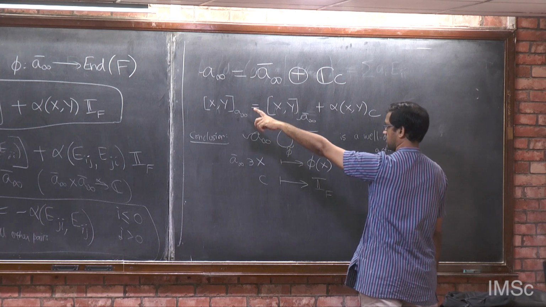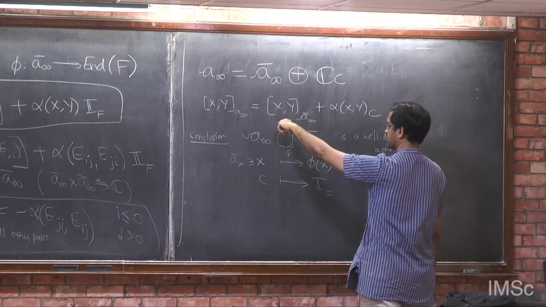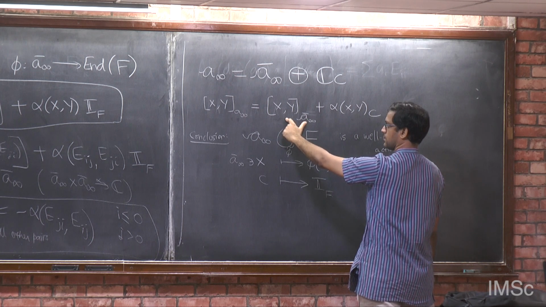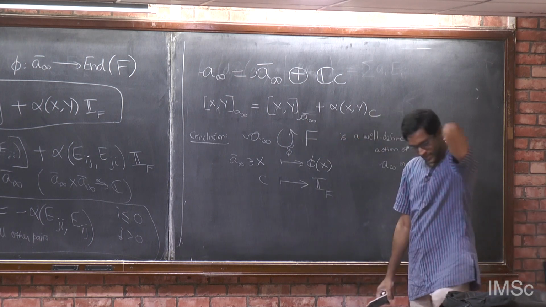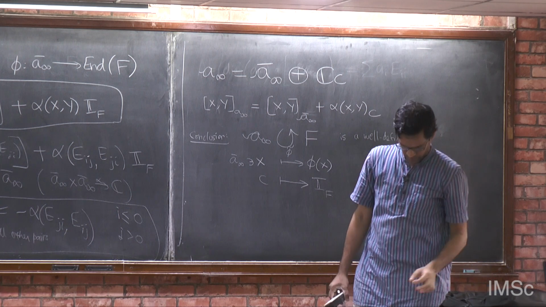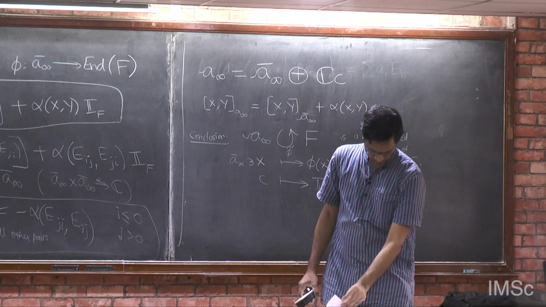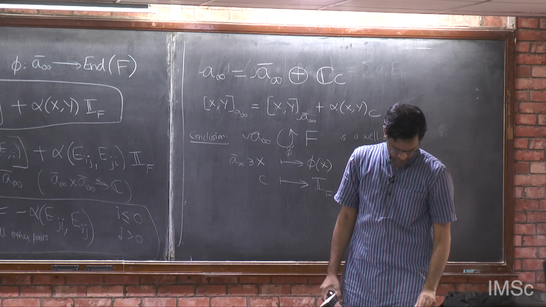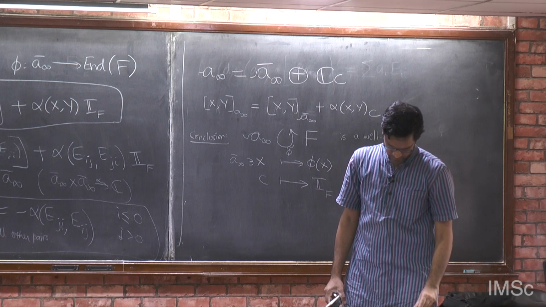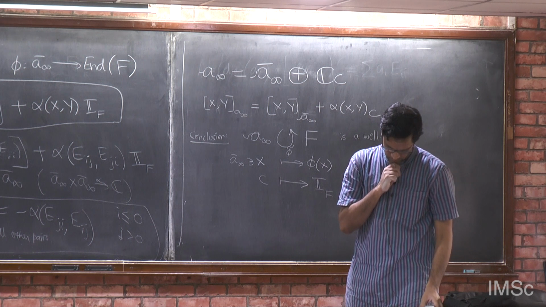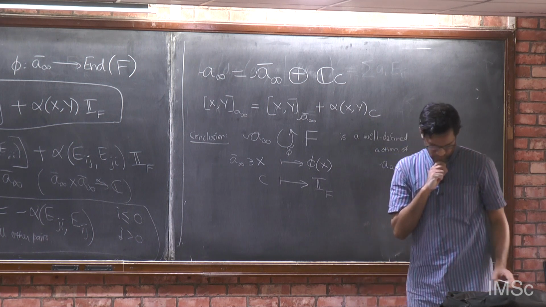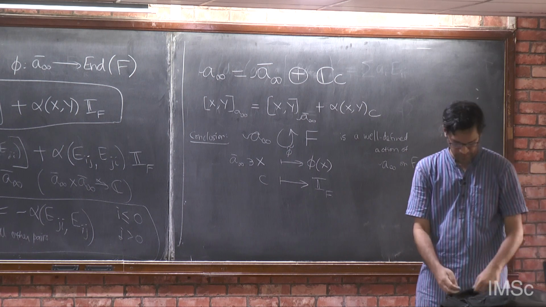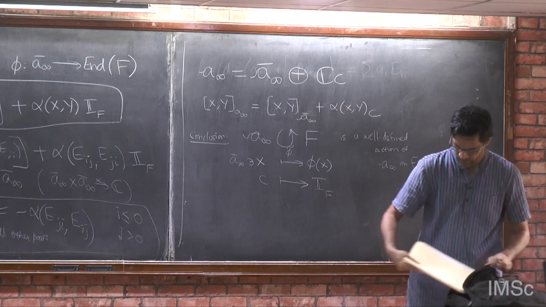But phi tilde of this is phi of this, which is phi x, phi y. Aha, I'm off by a negative sign. That's right, because then that has to cancel out with that. No, then I must, let me check the center right now.